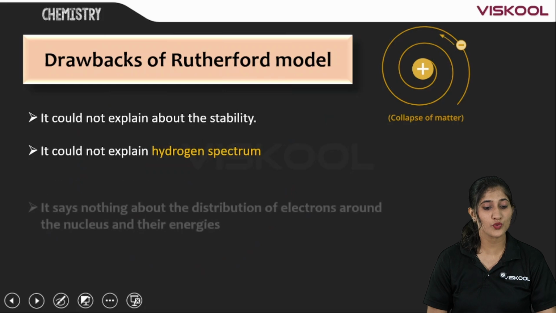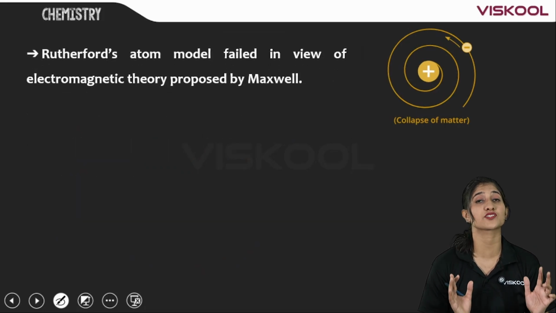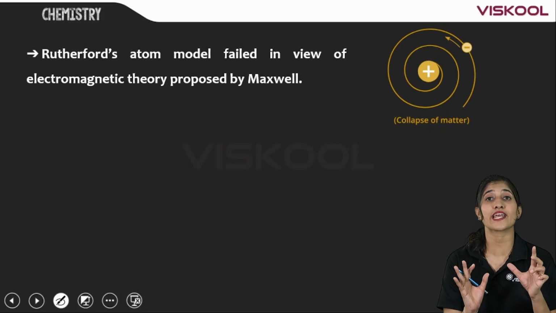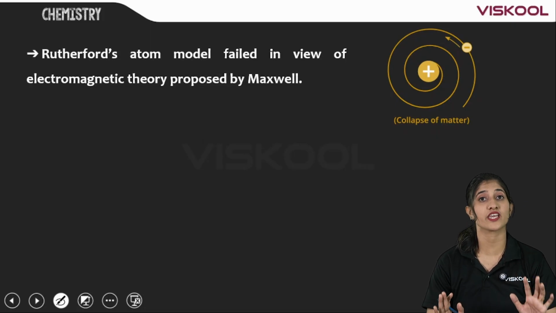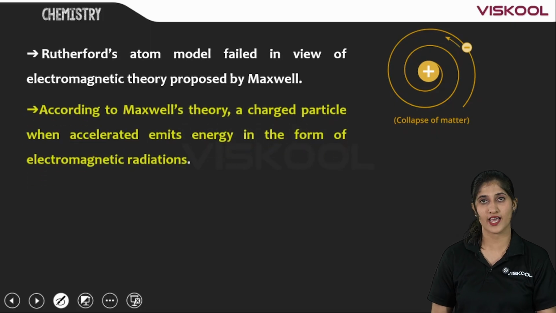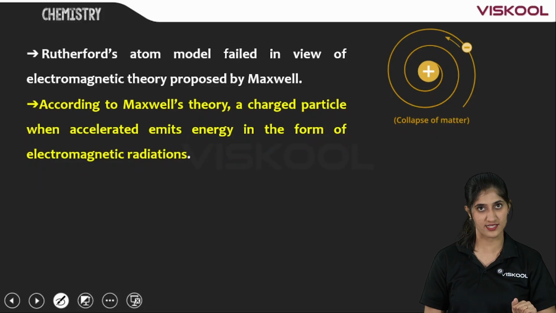By the time Rutherford proposed the model, Maxwell came up with the electromagnetic theory. According to this theory, an accelerated charged particle will emit energy in the form of radiation. Now, electron is charged, right? When electron is moving around the nucleus, it is in acceleration.